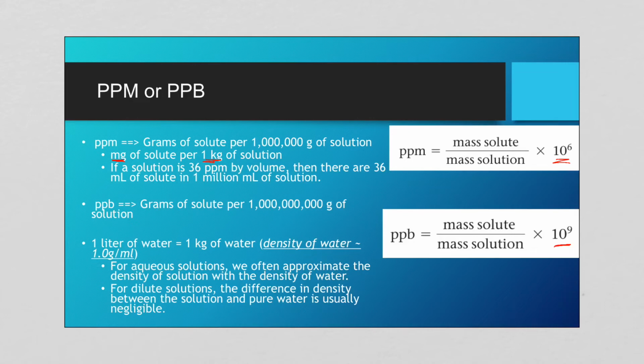So it could be, let's say, 36 grams per 1 million grams, or 36 milligrams per kilogram. Those would be two ways to express the same thing.